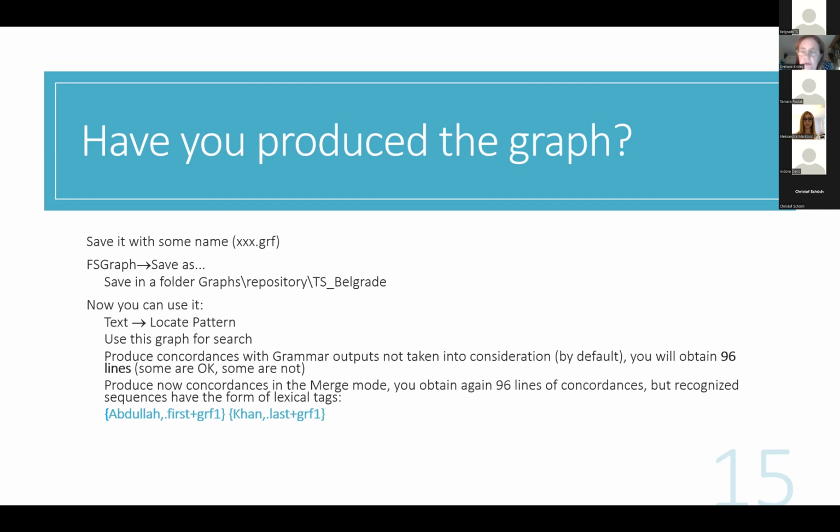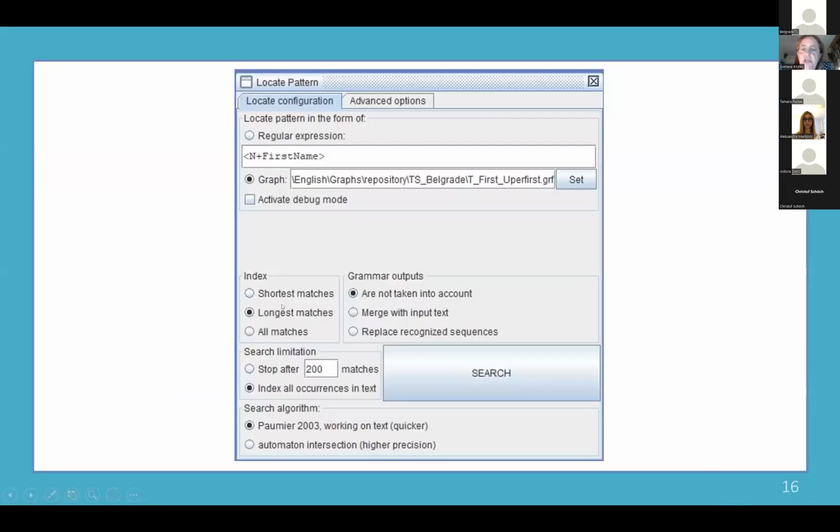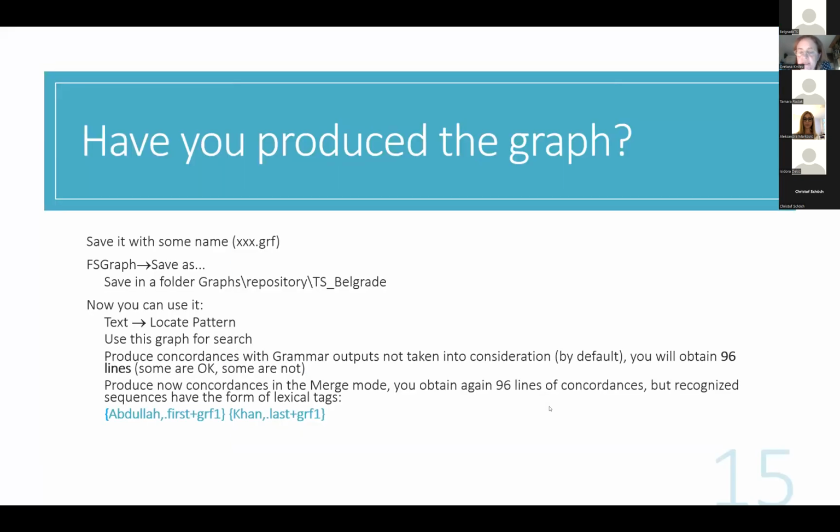That is not the point now. And if you have managed to do that, then repeat the whole process, but just change the grammar outputs to merge with input text. Just change that and click search, and again produce concordances.